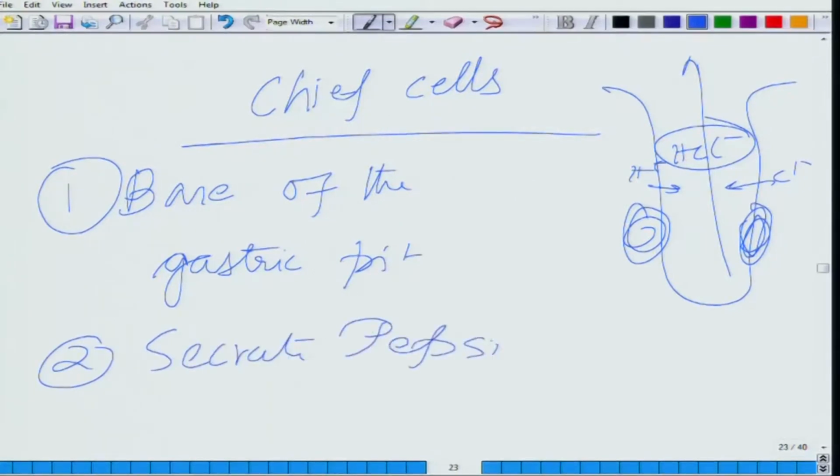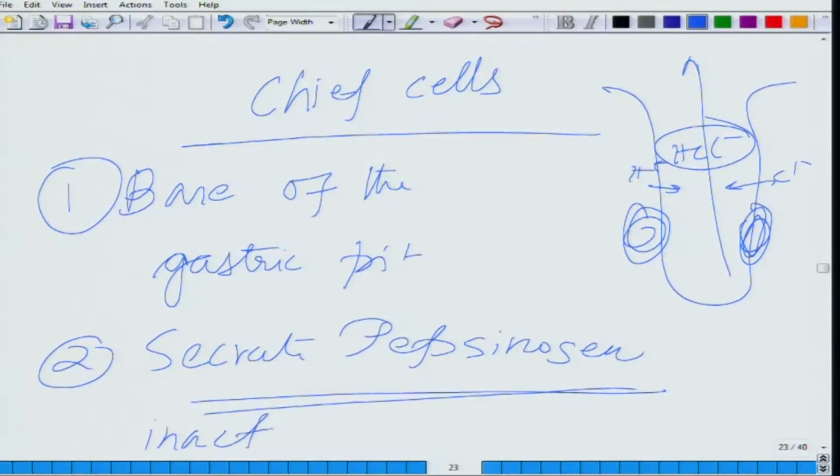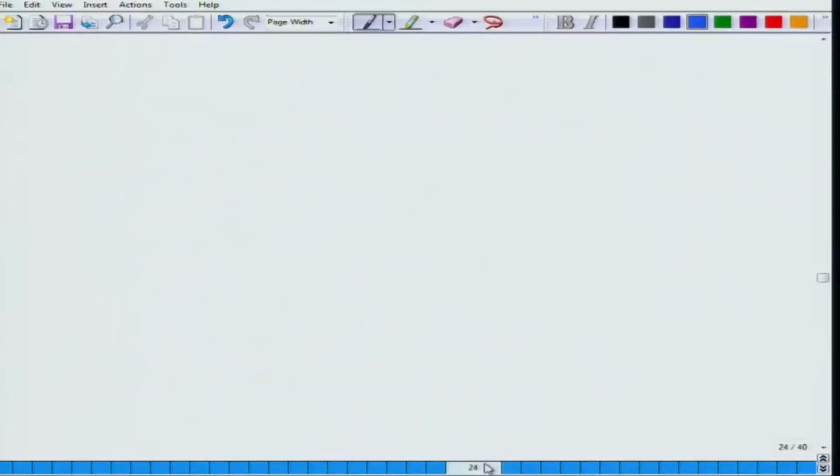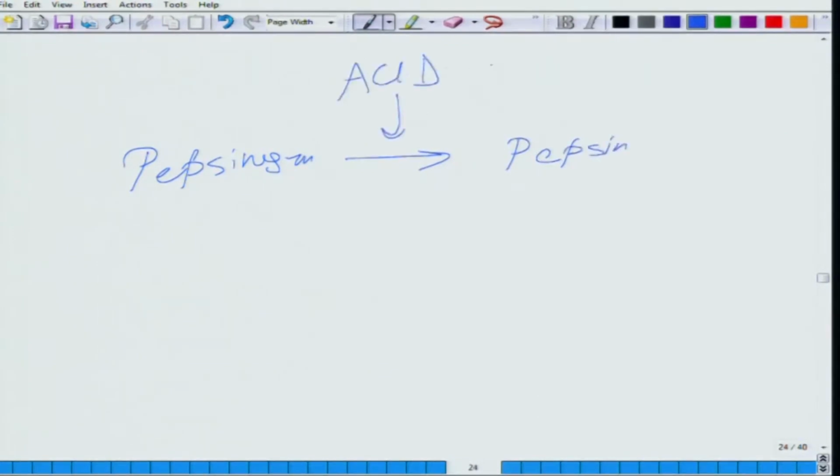These cells secrete pepsinogen, which is an inactive proenzyme, and this pepsinogen is converted to pepsin in the presence of acid, and this acid is being supplied by the parietal cells which are present there.